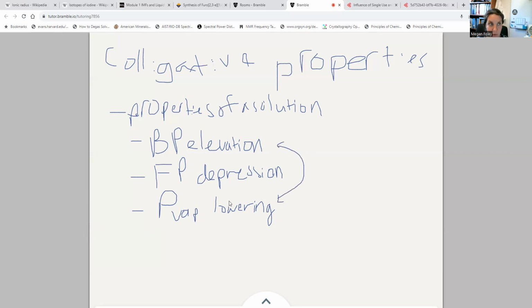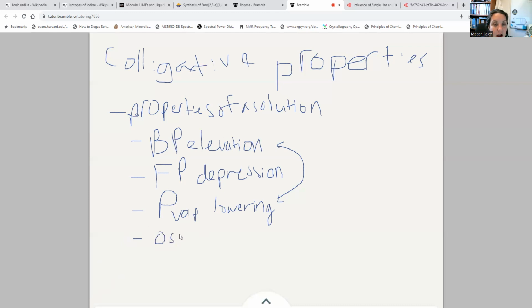If we're increasing the boiling point, it's because we have to get more of the liquid into the gaseous state in order to get to that boiling point. Our boiling point is the point at which our vapor pressure is equal to our atmospheric pressure. So if we're lowering our vapor pressure at a given temperature, we're going to have to increase the temperature to get it up to boiling, past what it normally would be.